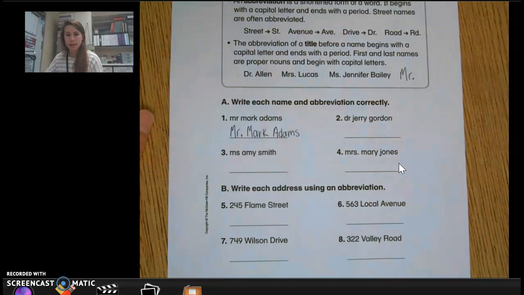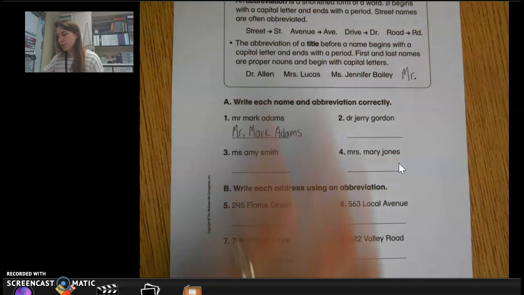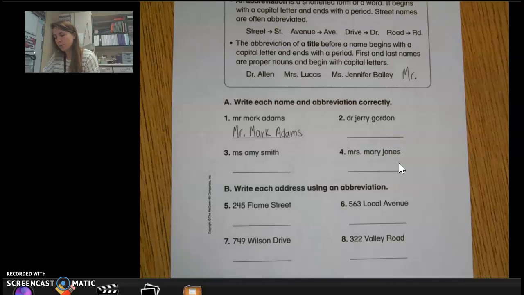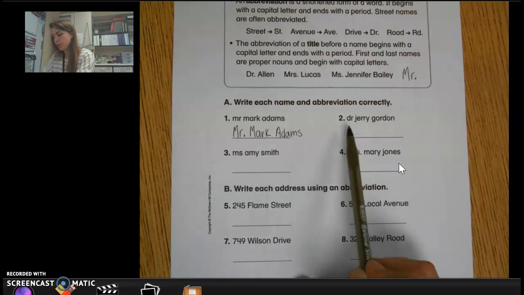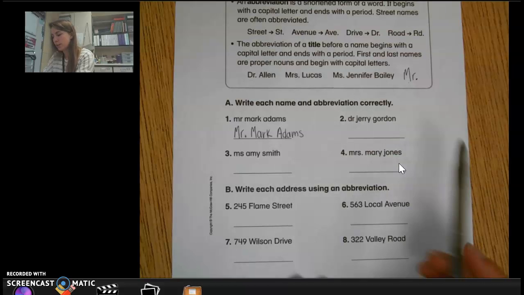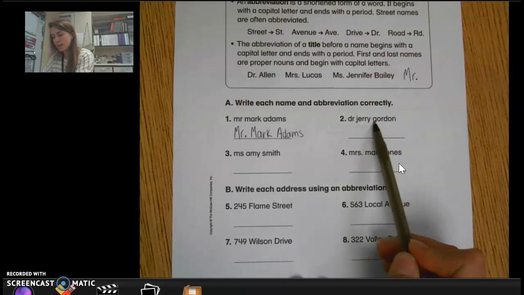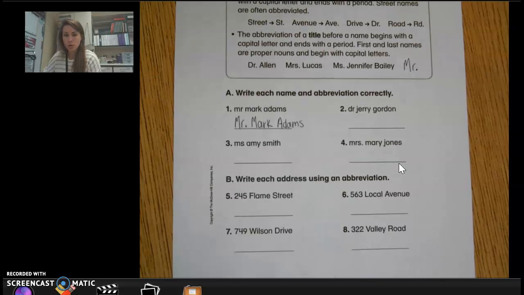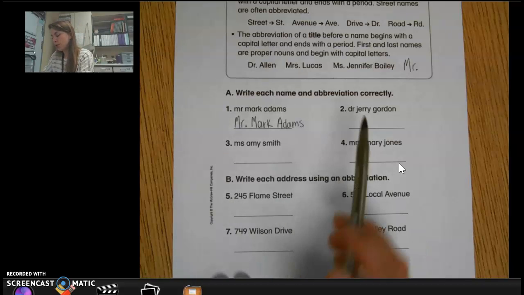Mr. Mark Adams. So same with number 2. Everything should be capitalized. Dr. Jerry Gordon. I want you to make sure you capitalize the D, put your period after the abbreviation for doctor, capitalize Jerry, and capitalize the G in Gordon. I'm going to read the rest of these, and you are going to write them in yourself. So make sure number 2 is written in.